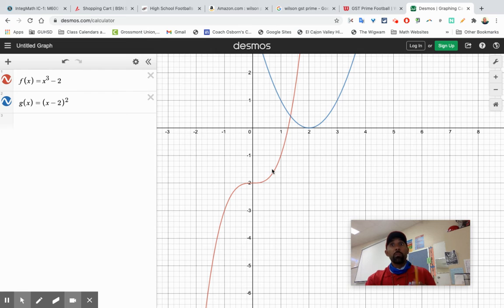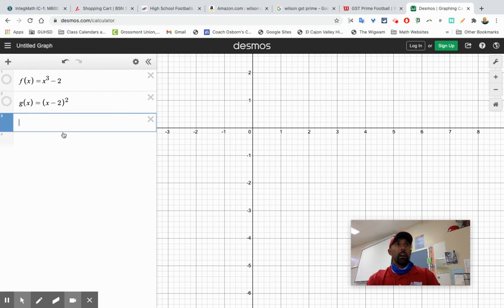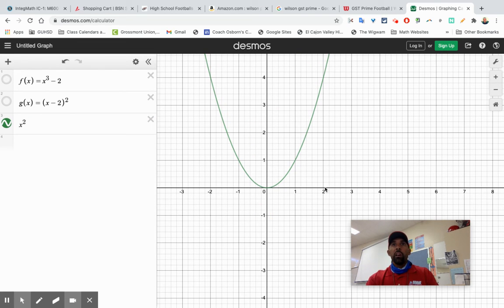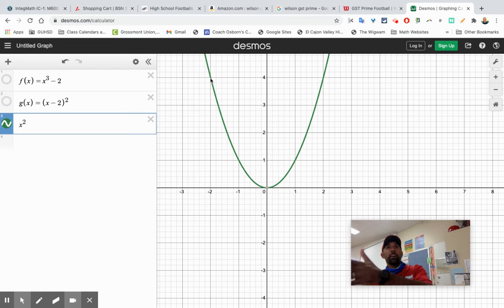So let me show you a case where this does work. Let's just say I have x squared, just plain old x squared. If I go over to 2, the y value of 2 is 4. Now if I go over to -2, the y value of -2 is also 4. So that's the exact same thing. That's an even function because if I go to the positive value of x, it gives me 4.